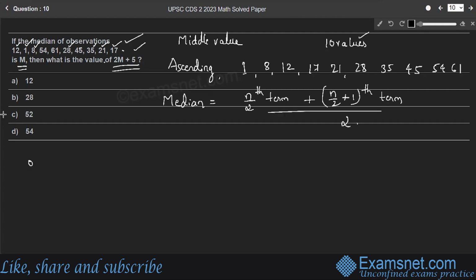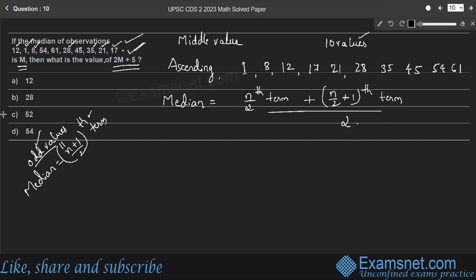For an odd number of values, for example, if there are 11 values, the middle value is the 6th value. The formula says the n plus 1 by 2th term is the median. So if n is 11, 11 plus 1 is 12 by 2 is 6th, so the 6th term will be the median.